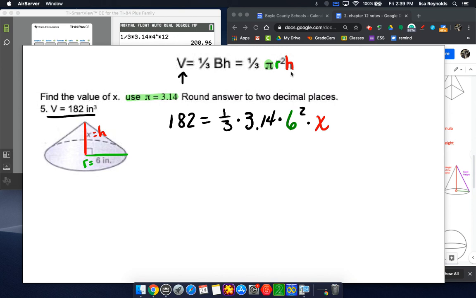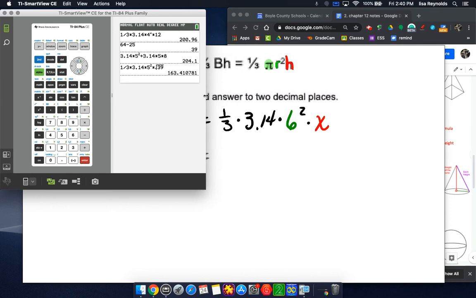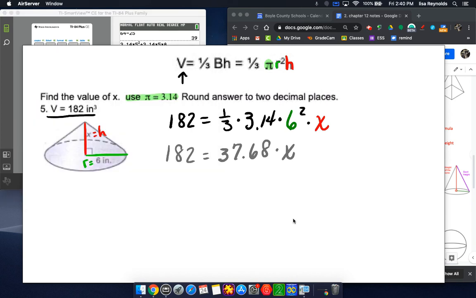Everything is in, so the next step is to simplify. So we're going to simplify our information on the right side. So we have 1/3 times 3.14 times 6 squared. So this is 37.68 times x. To get rid of multiplication, we're going to divide by that 37.68.